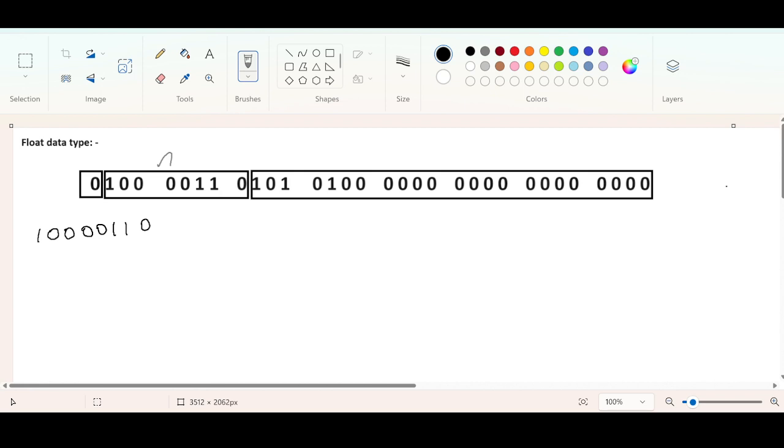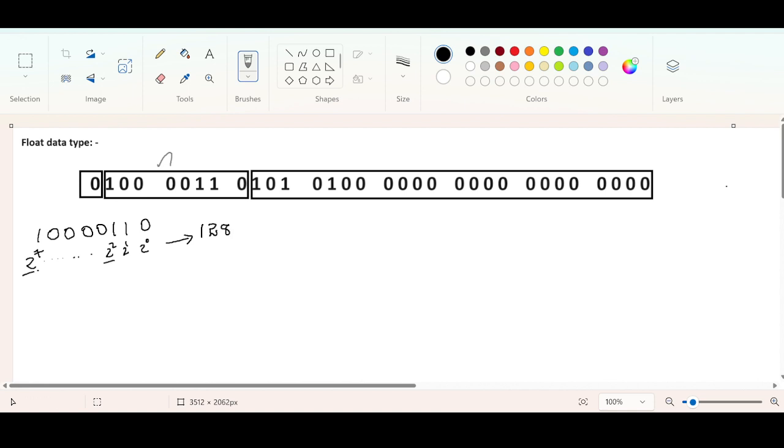Just add powers: 2 to the power of 0, 2 to the power of 1, 2 to the power of 2, and since all are zeros, I do not want to consider those. The last number is going to be 2 to the power of 7, so we get 128.